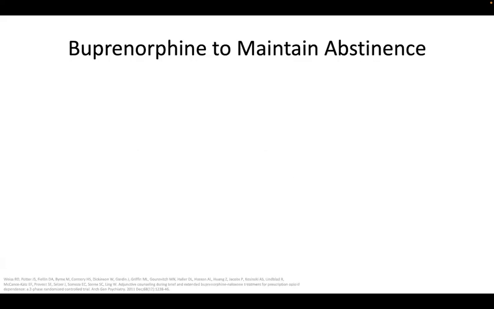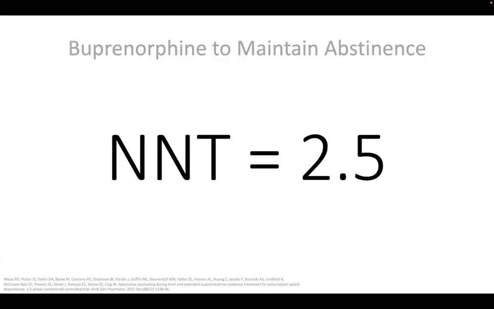What do you think is the number needed to treat with buprenorphine to maintain abstinence? 2.5. And to prevent overdose deaths, that number is 11. Overall, buprenorphine has a lower number needed to treat than nearly any medication we have embraced without hesitation.